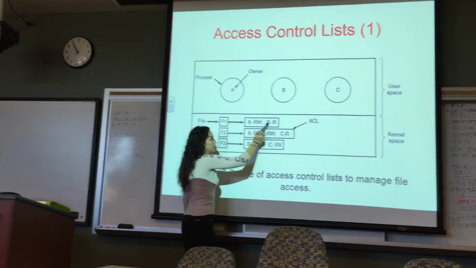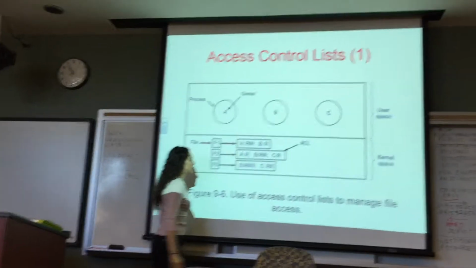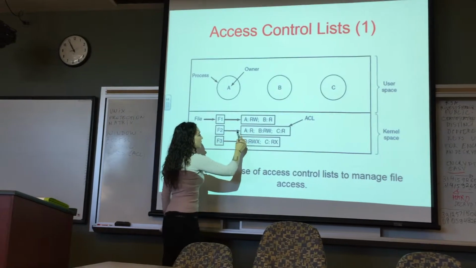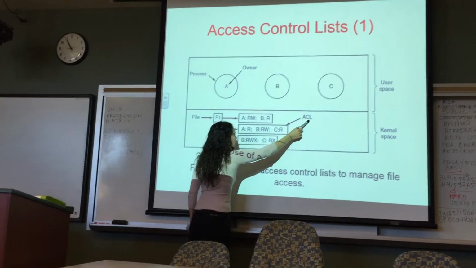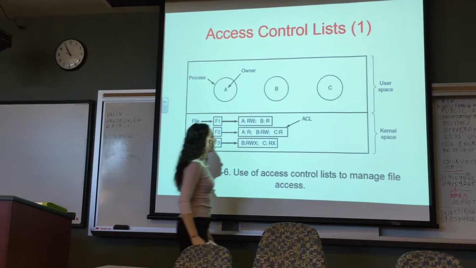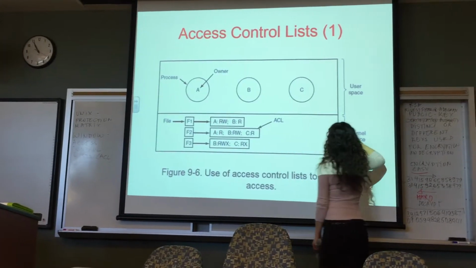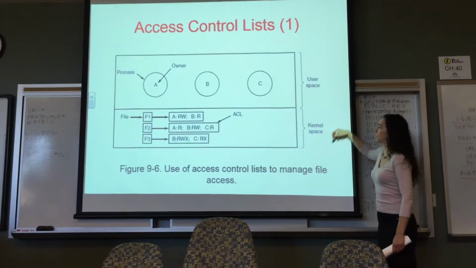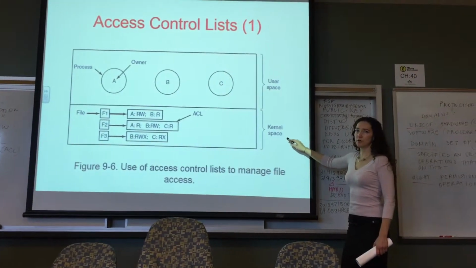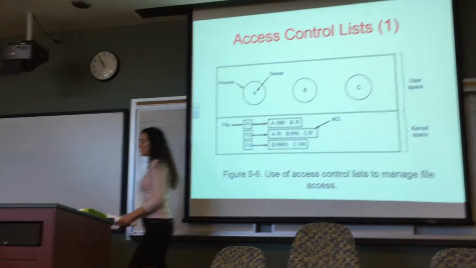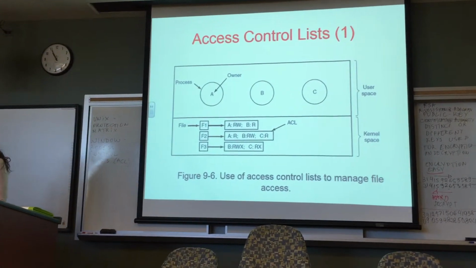B is another user that only has read permissions. And this list is called the access control list, or ACL. And so this ACL is provided and maintained by the operating system, so it runs in the kernel. So that functionality runs in kernel mode.